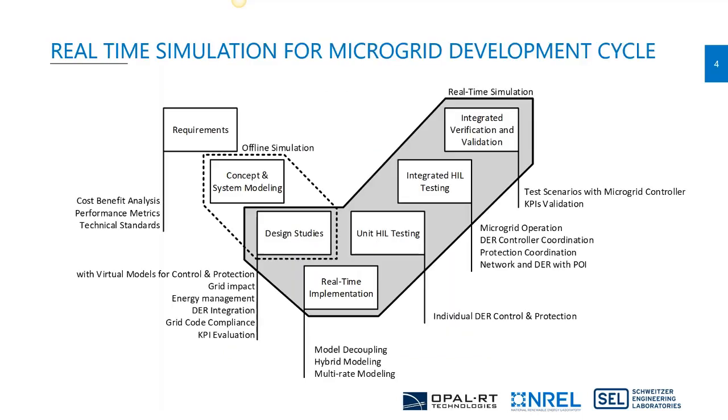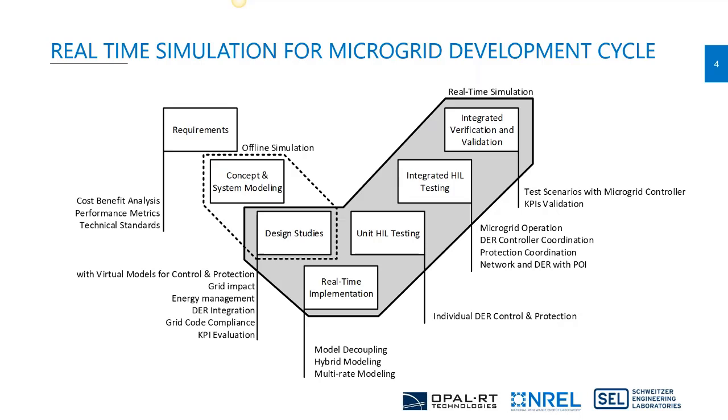So I'll start my presentation with the typical V cycle diagram of product development, which I have adopted for microgrid development. Typically we start with gathering requirements for microgrids that would be obtained from the planning phase, which includes cost benefit analysis, definition of performance metrics, and of course technical standards such as IEEE 2030.8.7 and the IEC standards that talk about microgrid controllers.